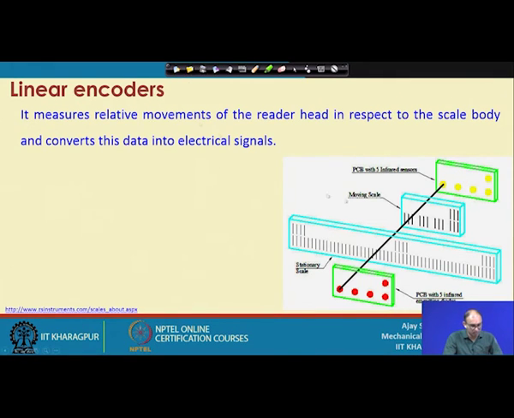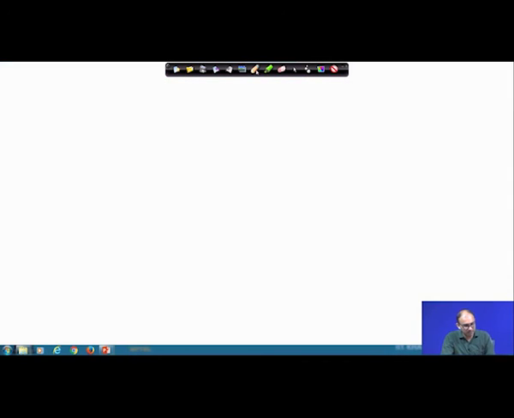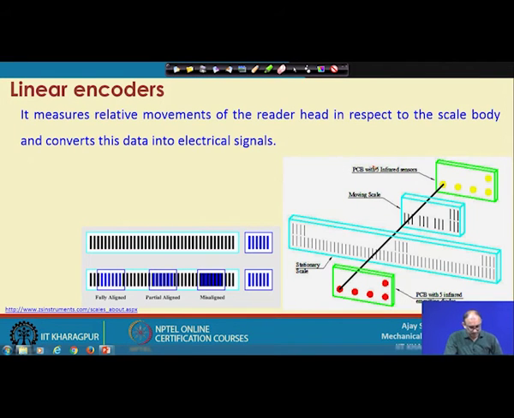So, here also we are talking about the incremental part. If you are talking incremental, then every time it will give you a signal. Similar to that, these are the actual scale and these are the reference scale.